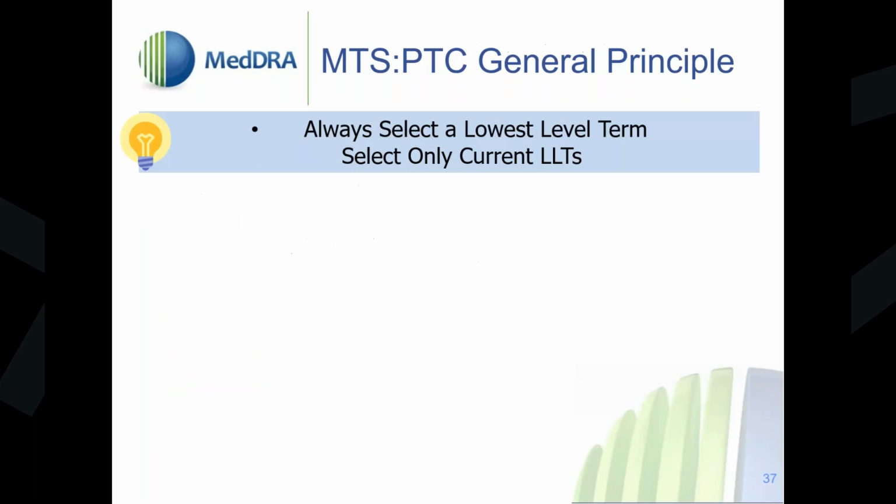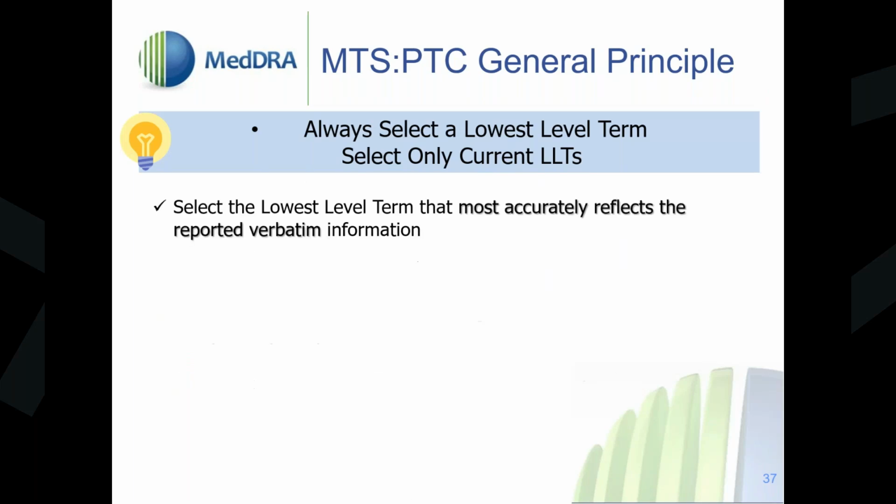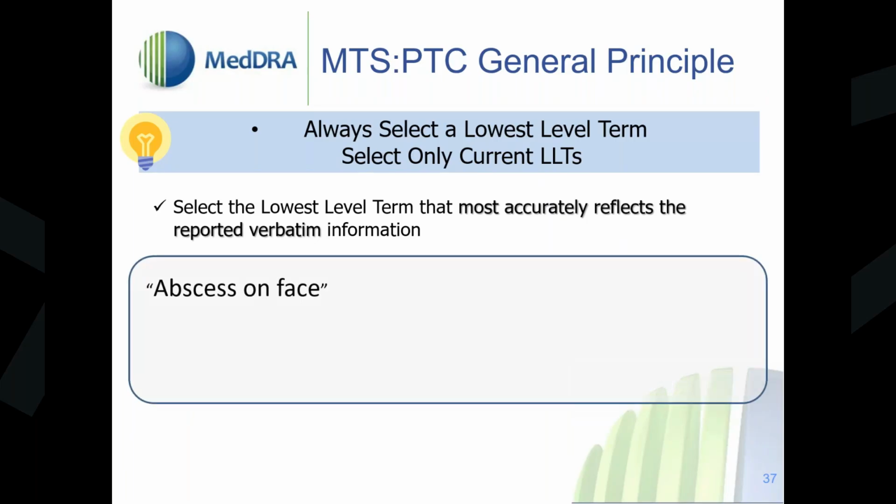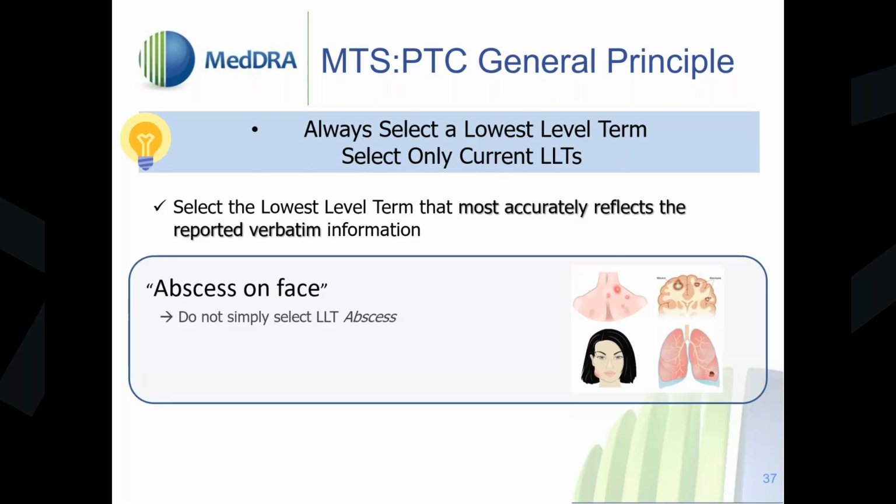Another general principle is to always select a lowest level term when you're coding, and you're trying your best to find that lowest level term that is the closest match to the source verbatim that you received. So when you're coding a term like an abscess on the face, you may find an LLT in MedDRA that just says abscess.